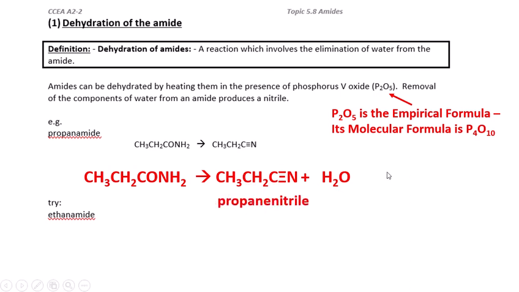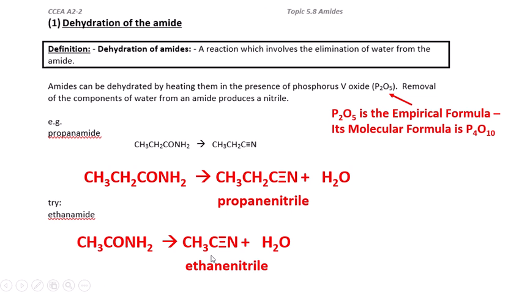And water is taken away by the phosphorus 5 oxide. So you could try ethanamide for yourself. And the solution to it: ethanamide, 2 carbons, you would get the nitrile, and this time, because the nitrile has got 2 carbons, ethane nitrile.